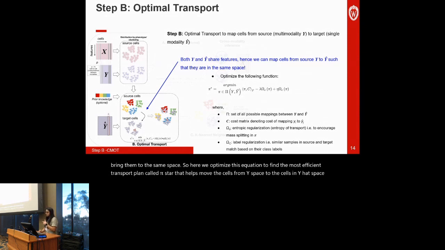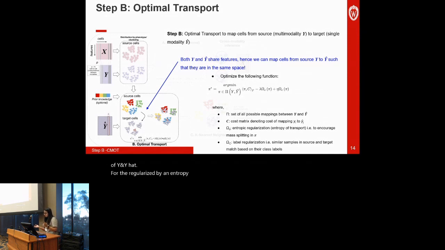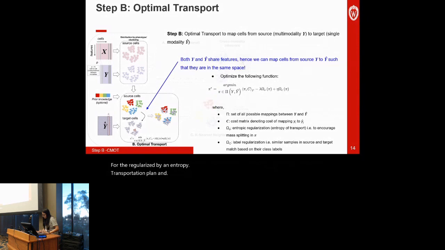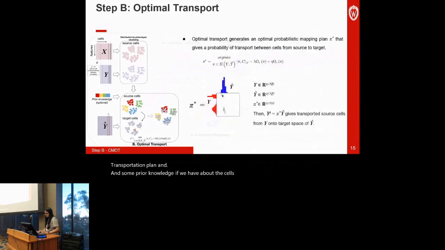So this optimization problem tries to minimize the cost of transportation between the cells of Y and Y hat, further regularized by an entropy for a diffuse transportation plan and some prior knowledge if we have about the cells in Y hat.